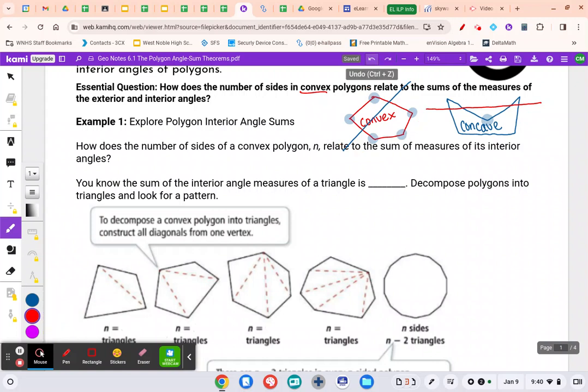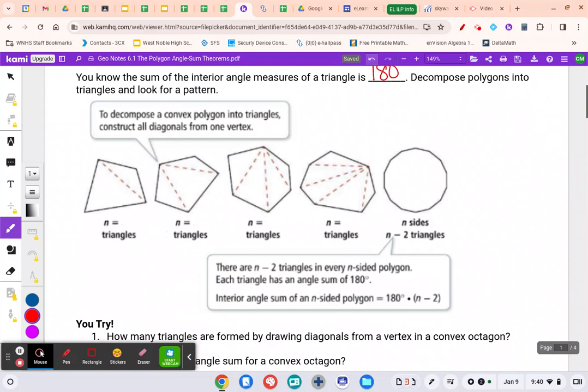So we're going to explore these. How does the number of sides of a convex polygon n relate to the sum of the measures of its interior angles? There's actually a formula. So we know the sum of the interior angle measures of a triangle in total is 180. We've been using that a ton. So we're going to decompose polygons into triangles and look for a pattern.